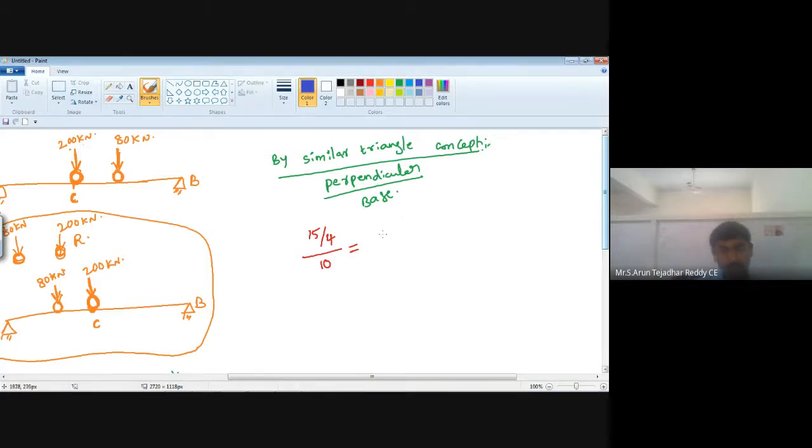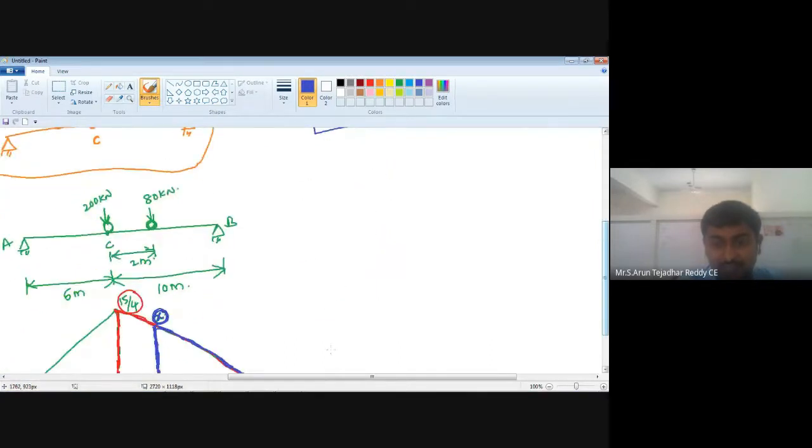So x by 8. Now from this, what is the value of x? That is 3. Now find out the bending moment at C. Now it is very easy.